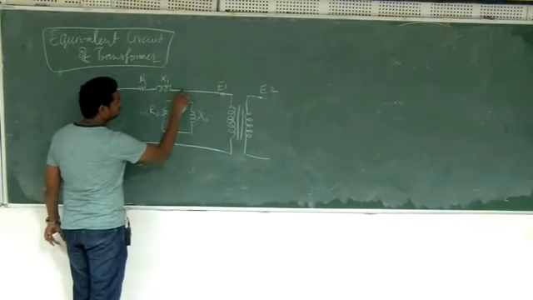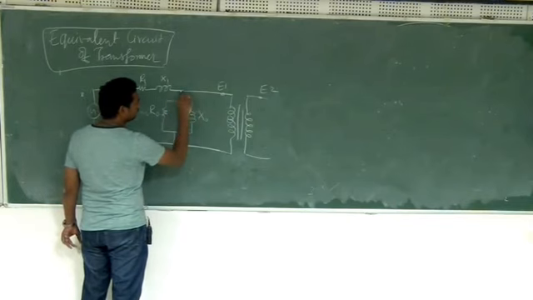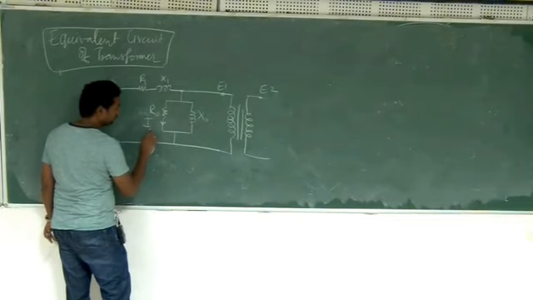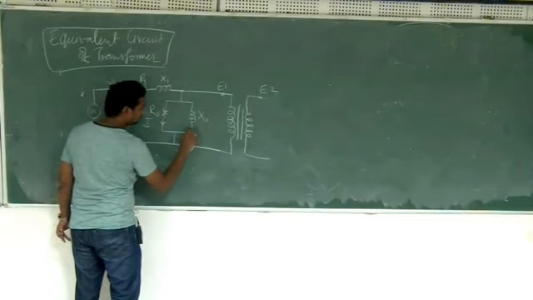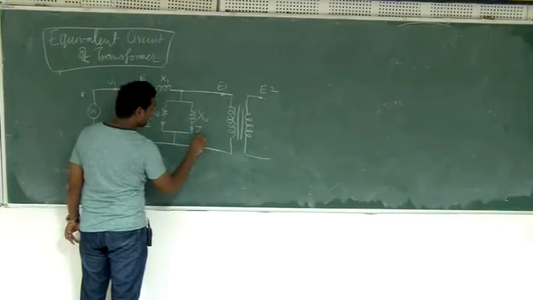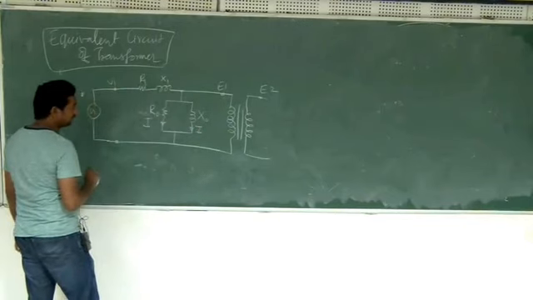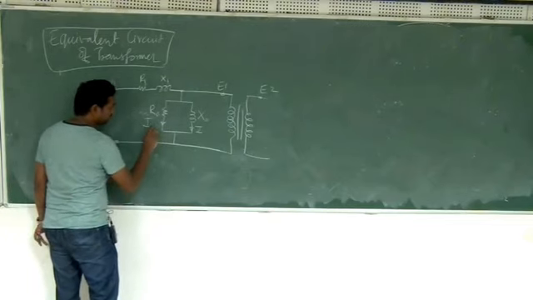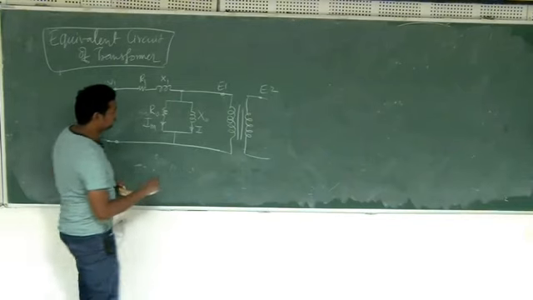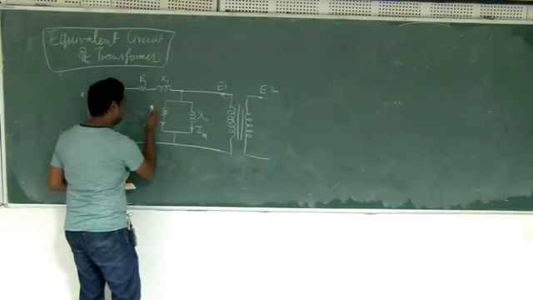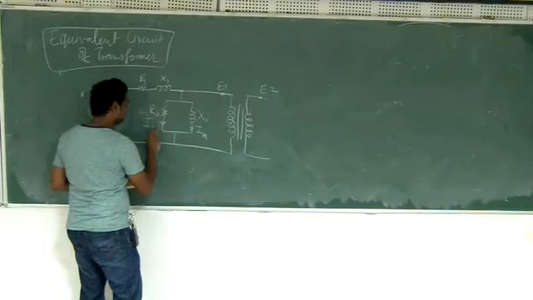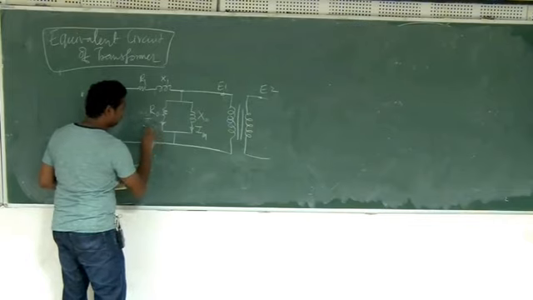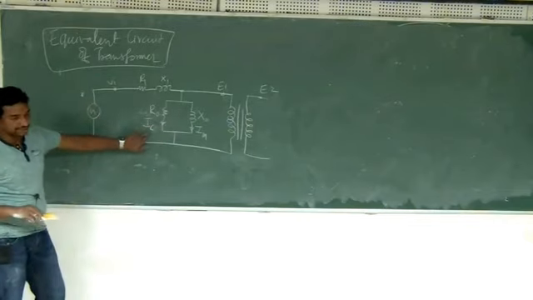So the currents are, this current is, what was the notation I used? I5 or something like that I used, right? Okay. See, IM is, okay, IC I'm saying for core loss.